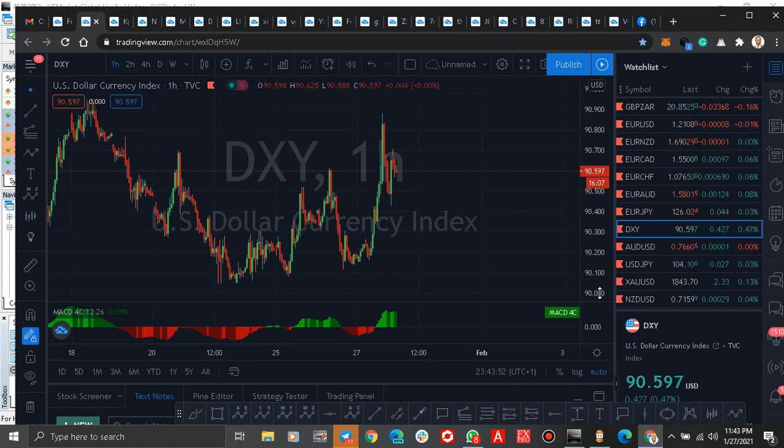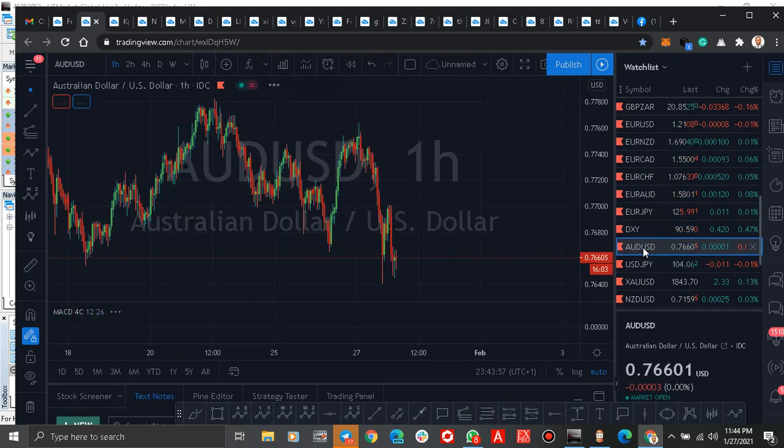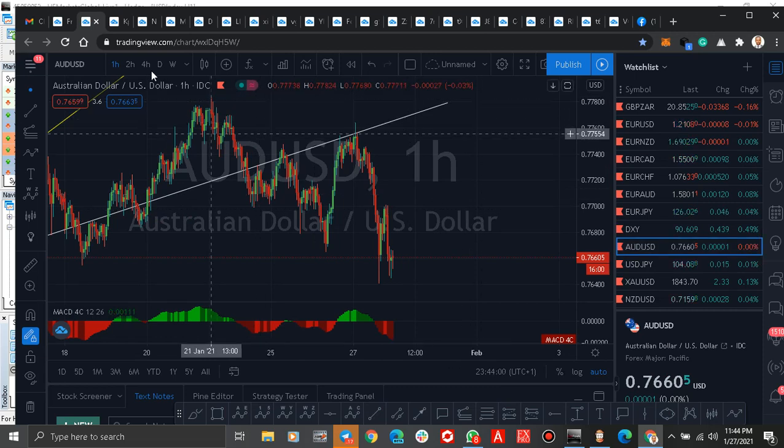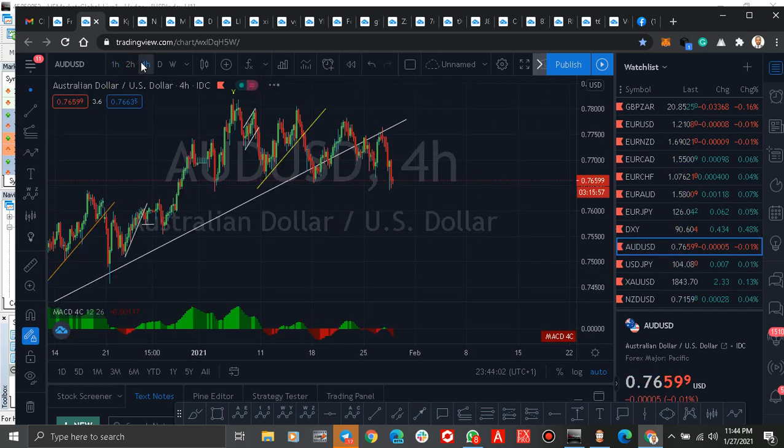AUD USD. Okay. When this channel is broken, I said I can only sell because I don't see it coming back very soon to break it here.